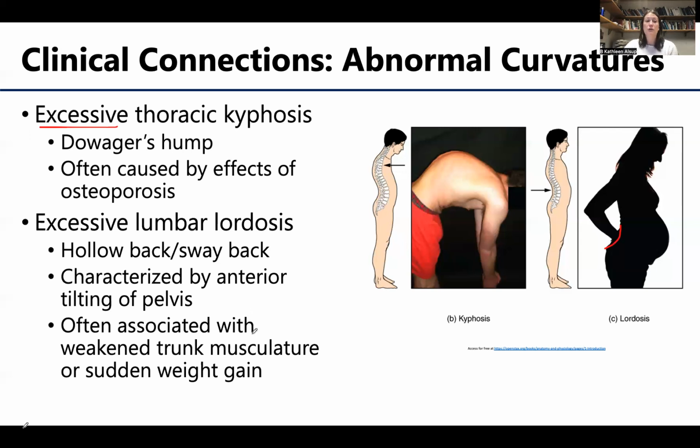And this is often associated with weakened trunk musculature, but often sudden weight gain. Pregnancy is one of those cases as well, where obviously you have a considerable amount of anterior weight in this region, and that can certainly affect the associated curvature in that region.